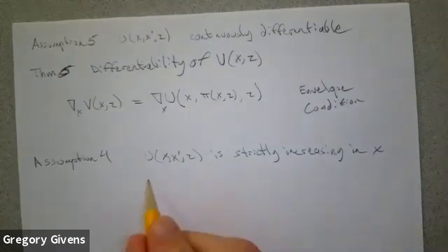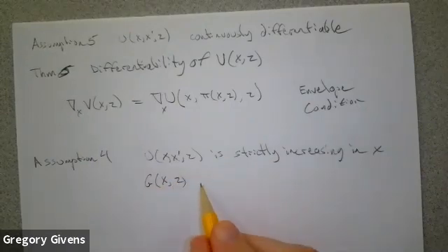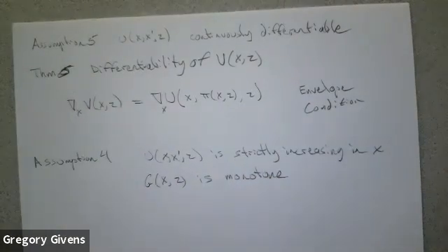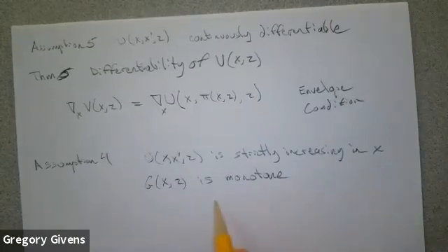Moreover, the constraint correspondence, G, is monotone. You guys remember what that means? What does it mean for the constraint set to be monotone? It's not a function, so it's not increasing in the traditional sense of the word, but it is a monotone set. What does that imply? So if we increase the set of values that x can take, then the control can take additional values. That's right.